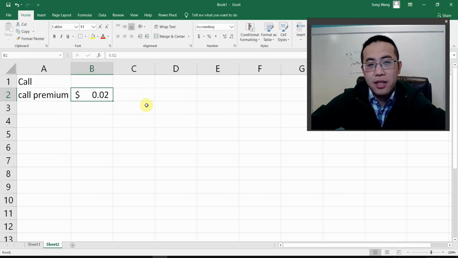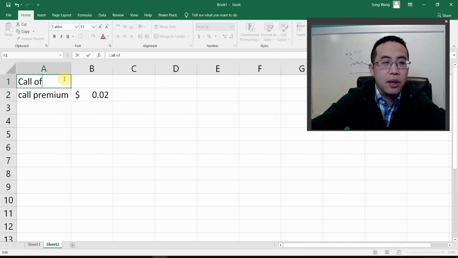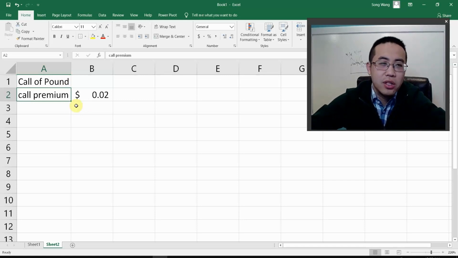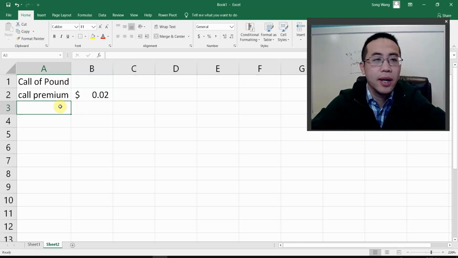But for your other finance courses, like investments or options and futures, you can use the same model, same idea, and apply it to other assets. So for now, let me use the asset as the British pound, just say pound. I don't have to give the size of a pound. I don't have to say it has to be 200,000 pounds. Well, this is analysis at the per-pound level, okay?